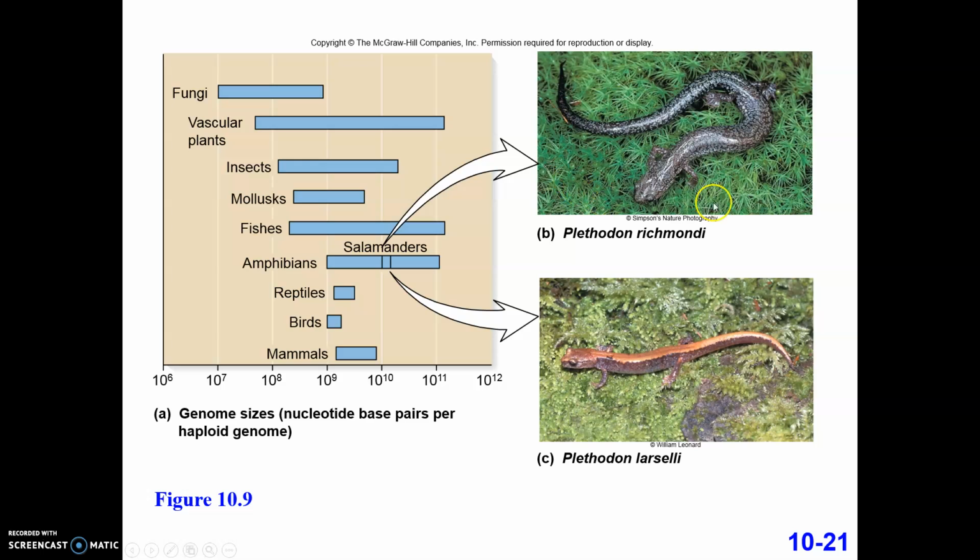So here in amphibians are those two species that I was referring to, these two types of salamanders. One has twice the amount of DNA as the other, and it has no extra genes. It's just an accumulation of repetitive sequences.